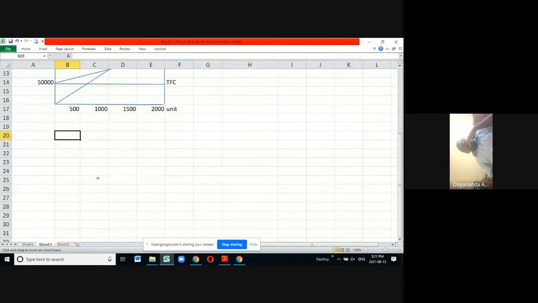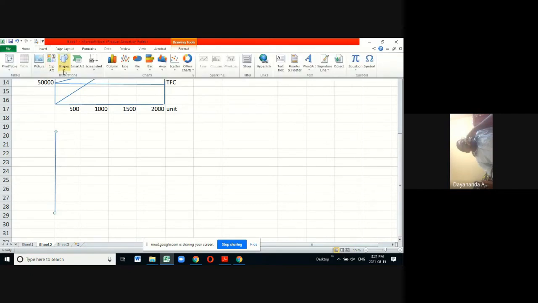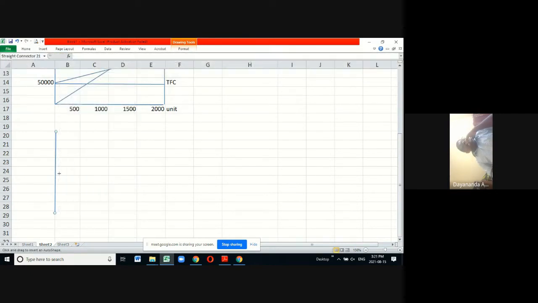You have a line here, right, and another line here. Okay. So this is 2,000 unit sales. All right. This is 2,000 unit sales.